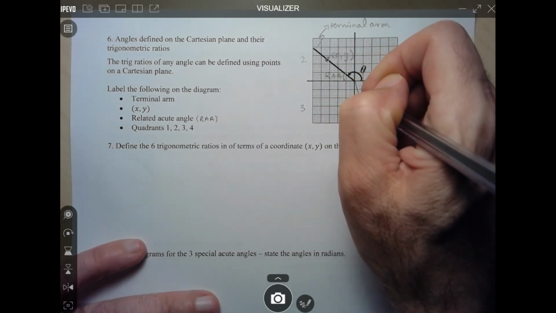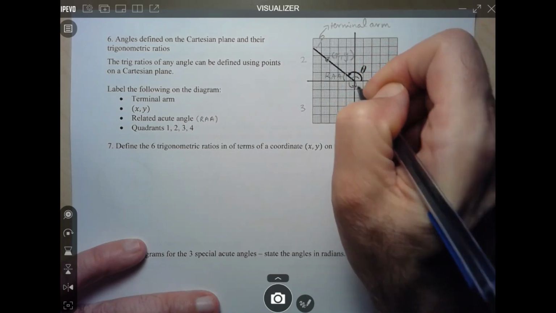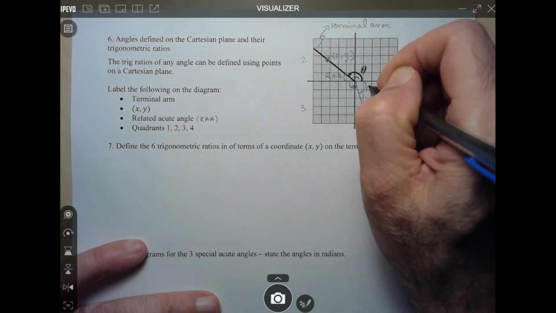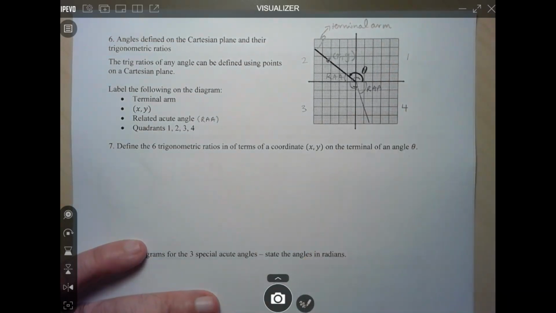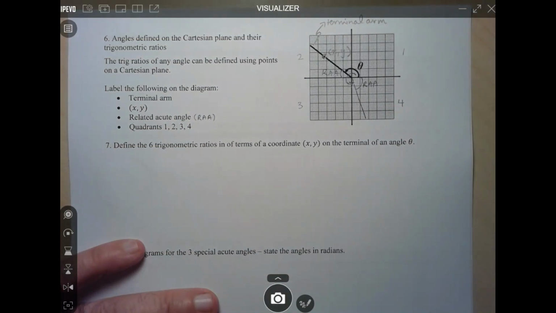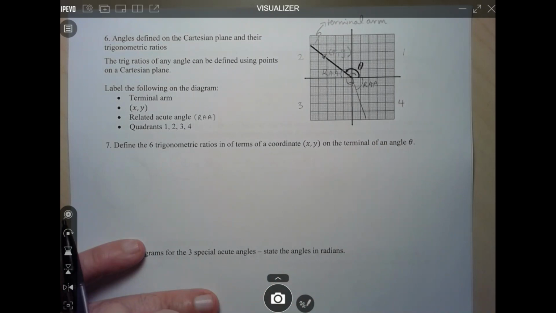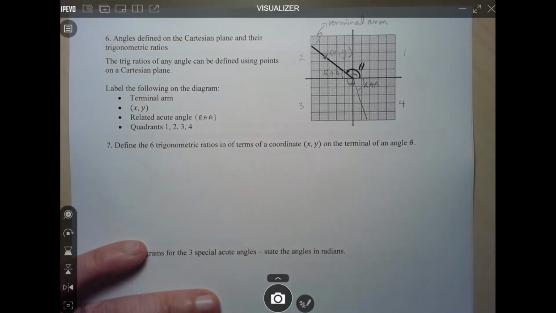Let's say I have an angle in the fourth quadrant. The related acute angle would be this angle here to, in this case, the positive x-axis. In this case here, the closest part was the negative x-axis.